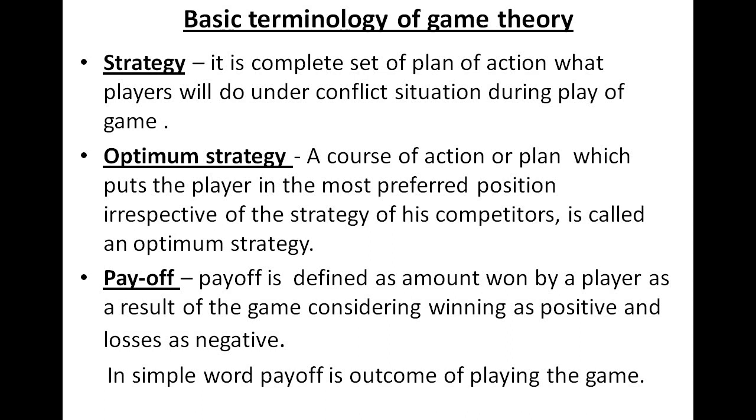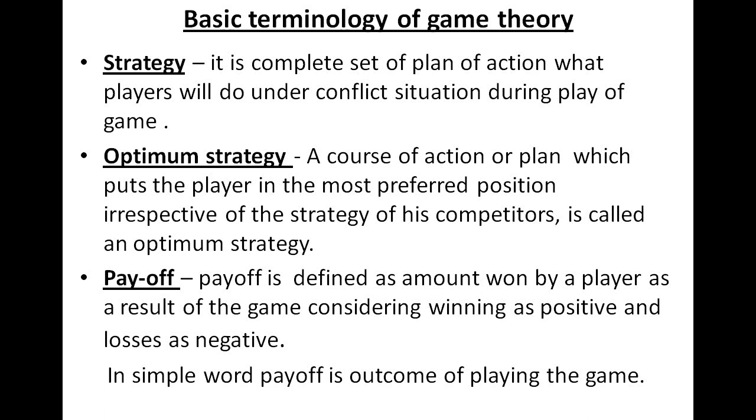It is a course of action or plan which puts the player in the most preferred position irrespective of the strategy of his competitors. In this case, the companies or organizations take the most suitable decision considering their own position and not depending on the competitors. I already gave the example of X and Y companies.